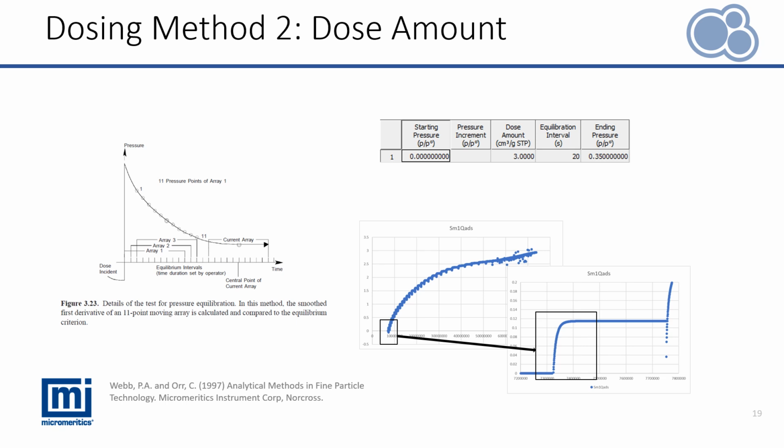Introducing a small amount of fixed dose that is fully equilibrated before moving on to the second dose allows a comprehensive observation of a guest species adsorbing onto a material, in comparison to the pressure table method where the subsequent dose is made without the first dose reaching equilibrium, since the aim there is to reach a set pressure point precisely. So setting the fixed dose amount is recommended in the context of collecting the rate of adsorption data.